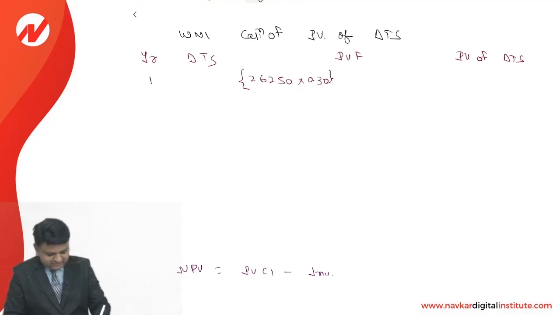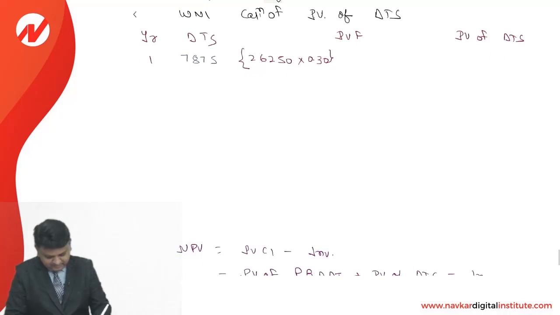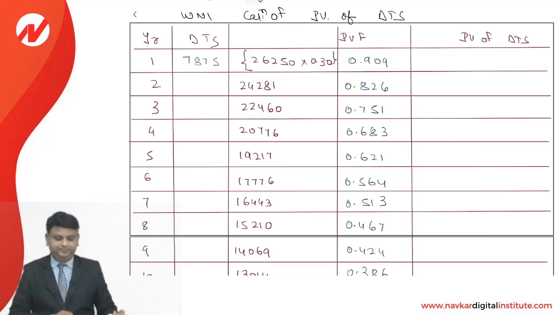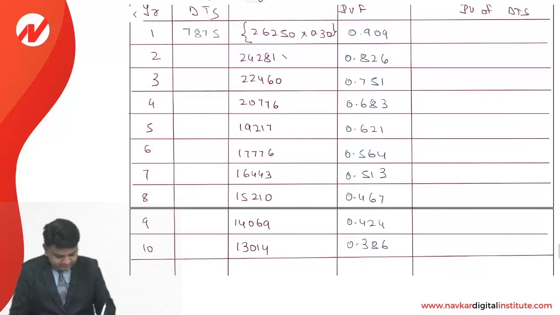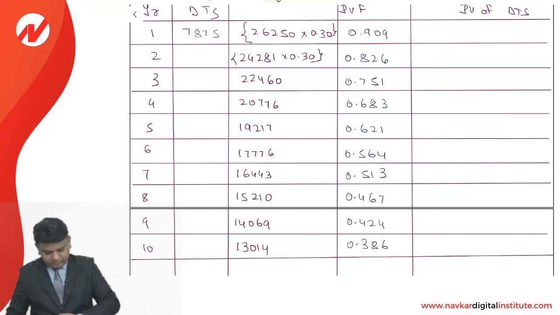That comes to 7875. In the second year, again we are required to compute the depreciation tax saving, and based on that we can compute the answer. So again the depreciation into tax rate: 24281 into 0.3, so 7284.30.